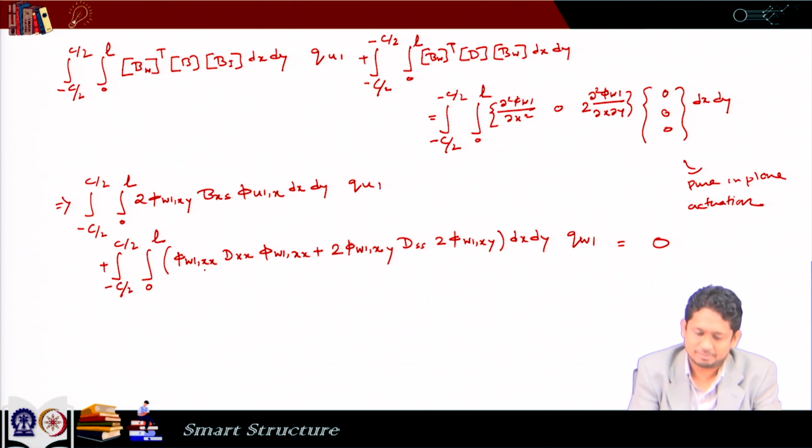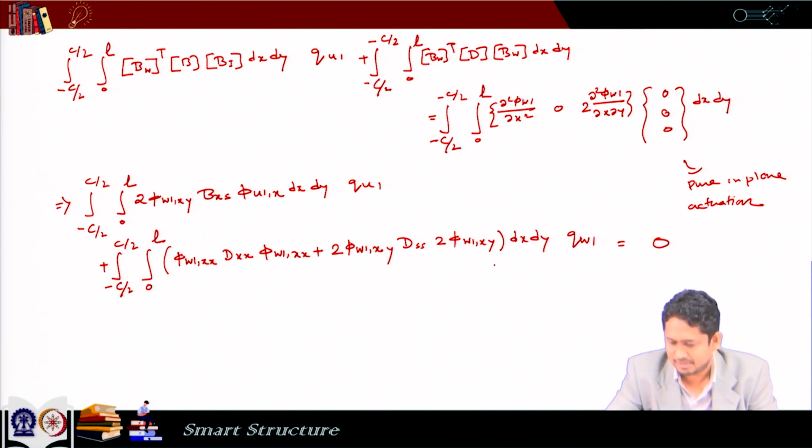So, here the derivatives are written as comma with subscripts, and here it was written as the derivative itself, but again they are same.